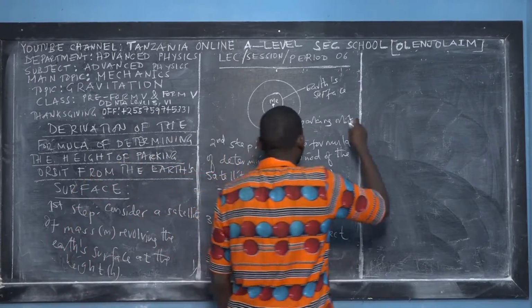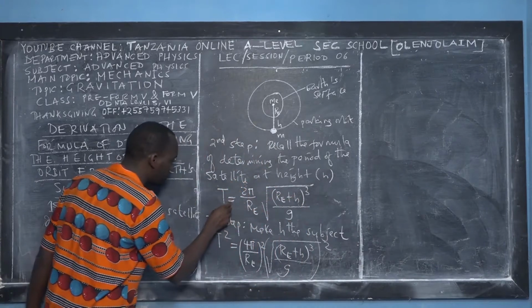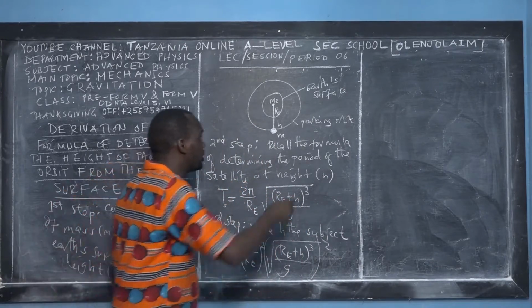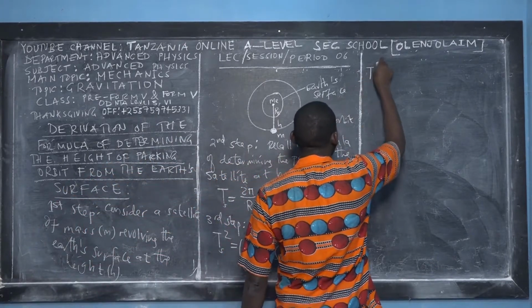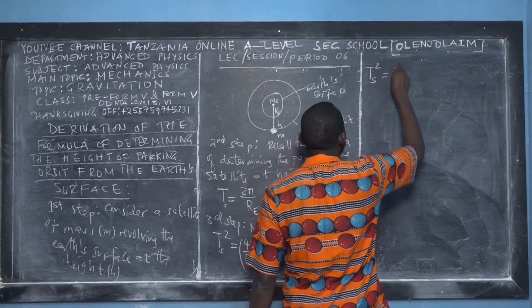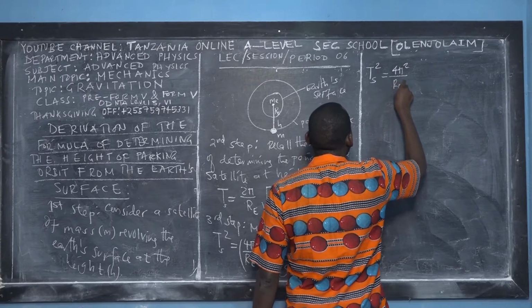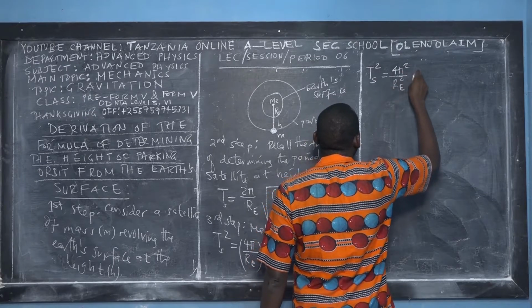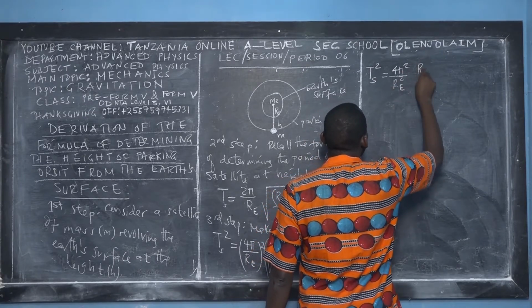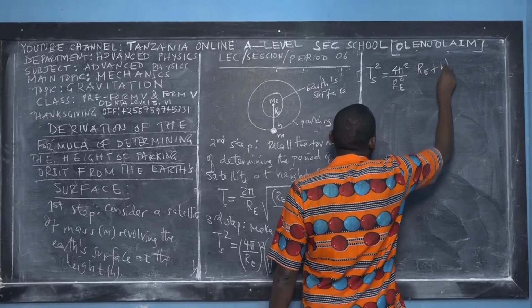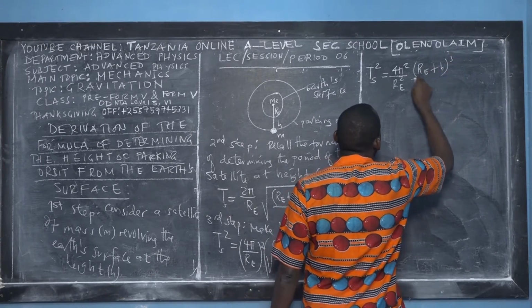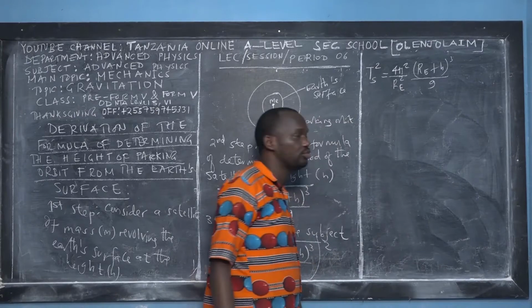Remember that I use the subscript s to say this is the period of the satellite. So the square of the period of the satellite will be equal to 4 pi squared, radius of the Earth squared, and then the radius of the Earth plus the height h cubed, over the acceleration due to gravity g.